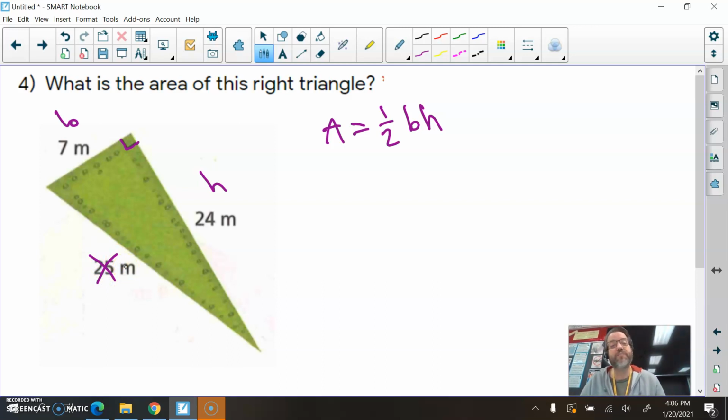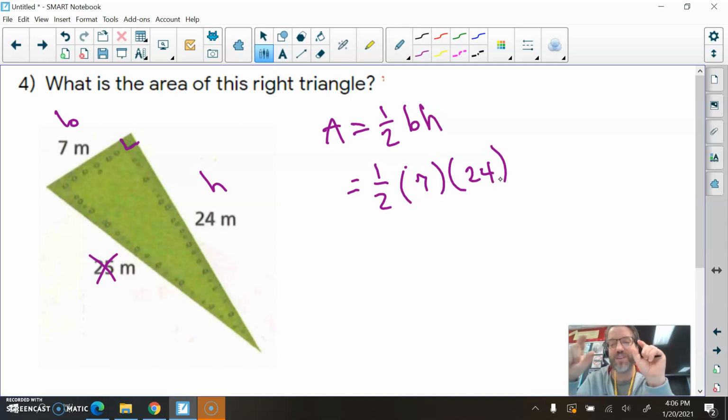We would need that measurement if we were finding the perimeter, or distance around this triangle, but we just need the area. So let's fill in our numbers. 1/2 times the base, which is 7, times the height, which is 24. If you have a calculator, you can go 0.5 times 7 times 24 equals.